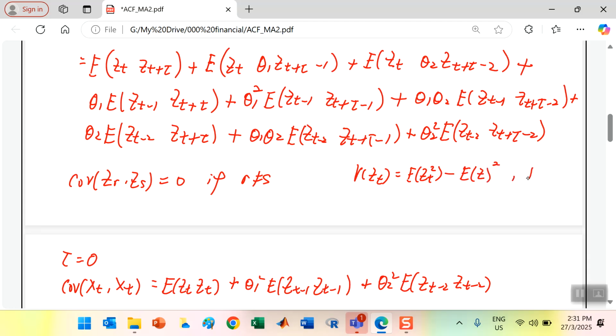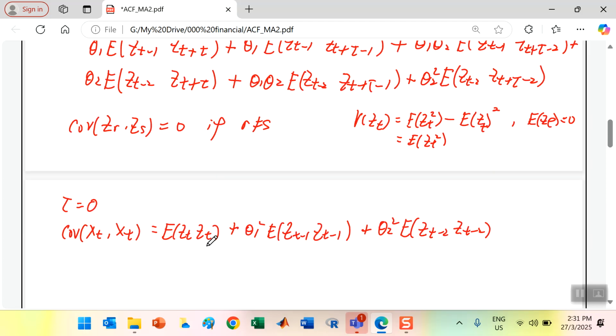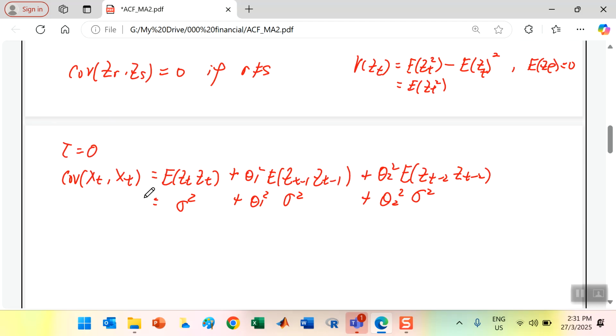So e of zt is actually 0. Therefore the variance of zt is the expected value of zt squared. So this one is the variance, this one is the variance as well, and this one is the variance for zt.